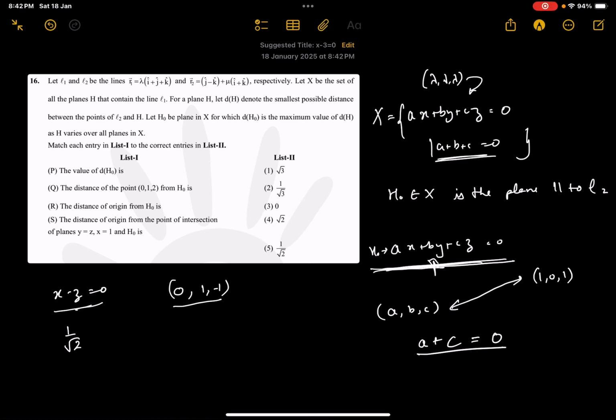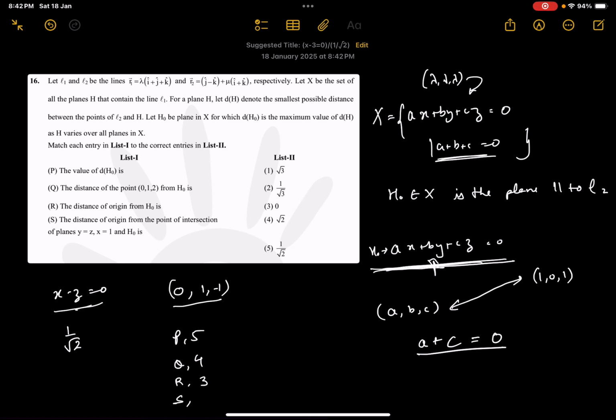So P is 5. The distance of the point 0 comma 1 comma 2 from H0 is root 2. We're again using the aforementioned formula. Distance of origin from H0: origin lies on this plane, so the distance is 0, so it's 3.